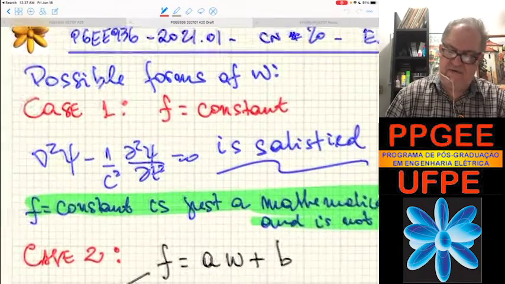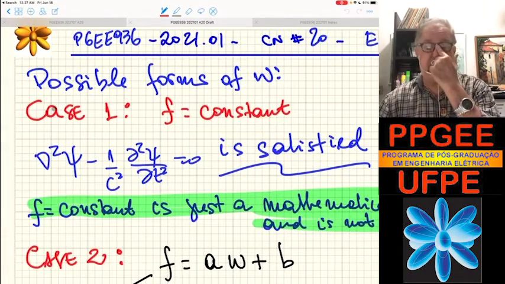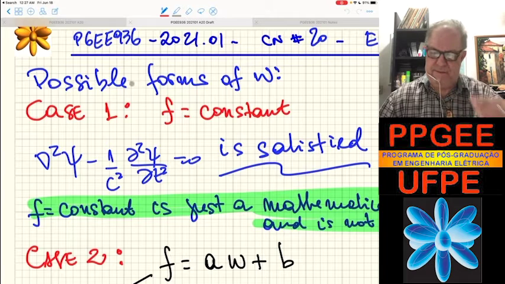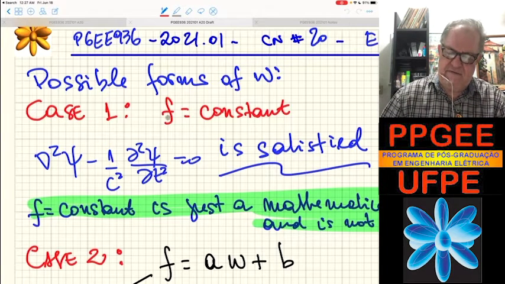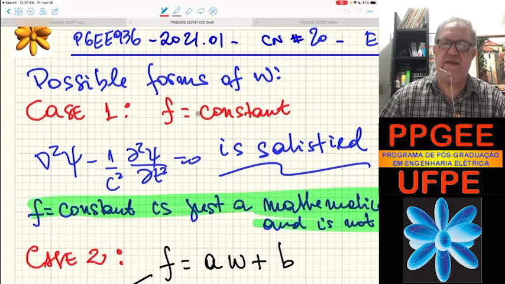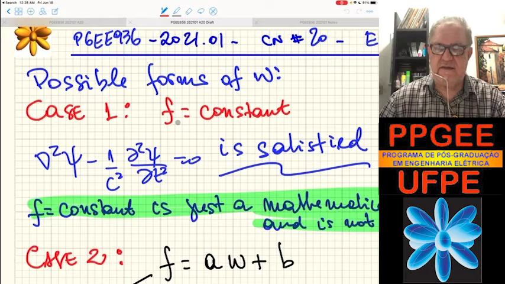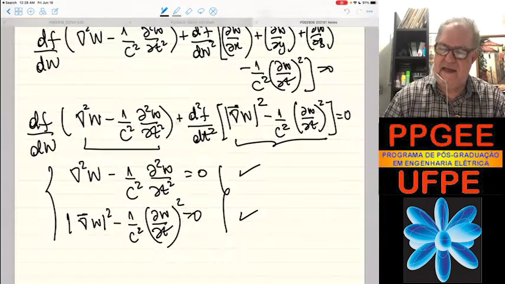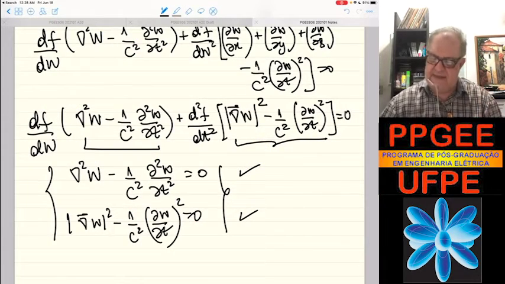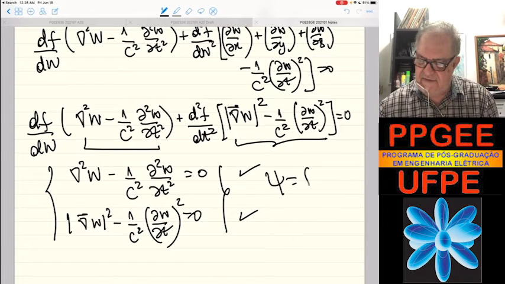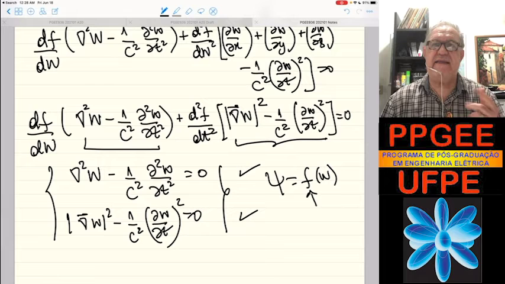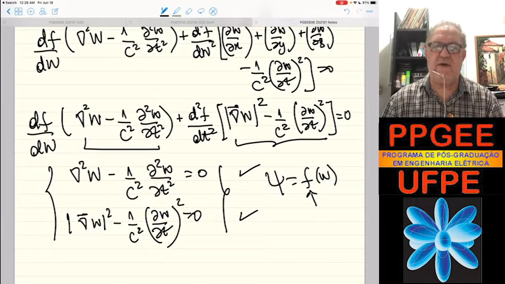Let's look at possible forms of the argument, because that's what we are looking for. Let's try, first case, f is a constant. If f is a constant, it means that f is psi, right? Psi equals f of w. If f is a constant, there is no disturbance in space or in time.